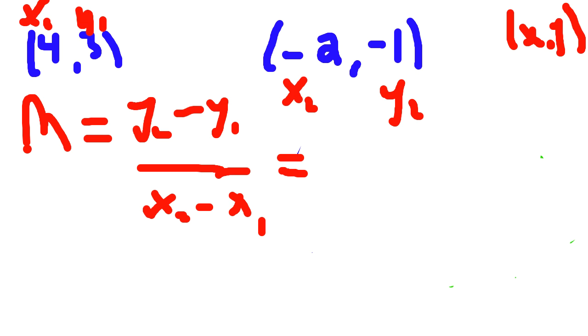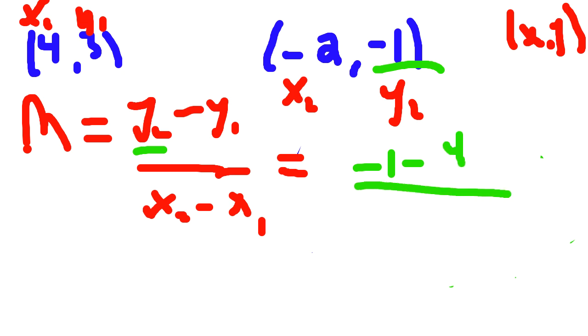So -1 would go right here with y2. So y2, which is -1, I'm going to replace right there. So it'd be -1 minus y1, which would be 4, divided by x2 minus x1.